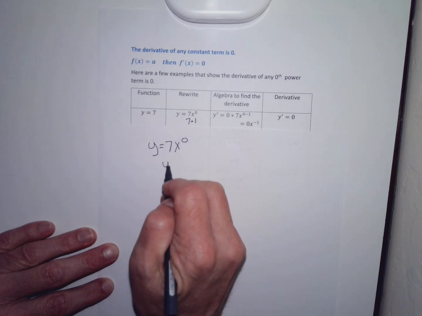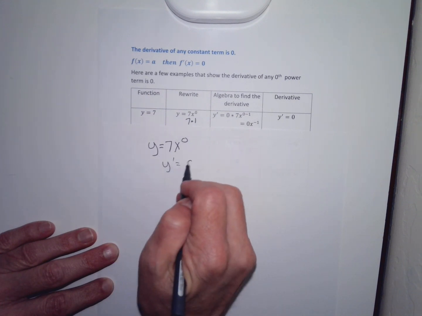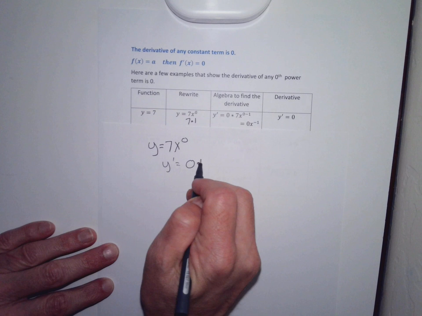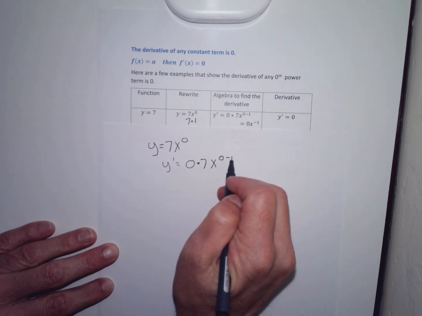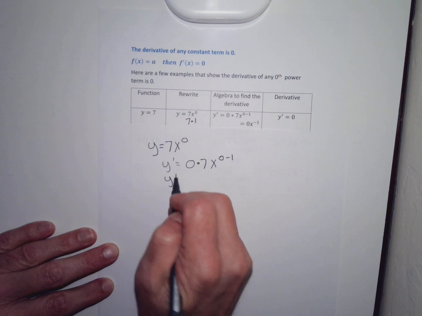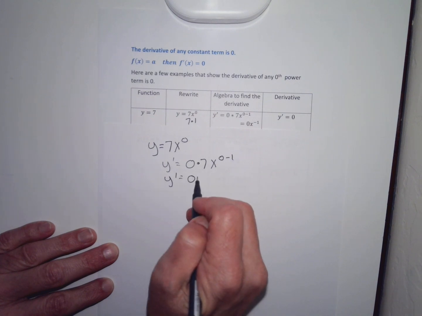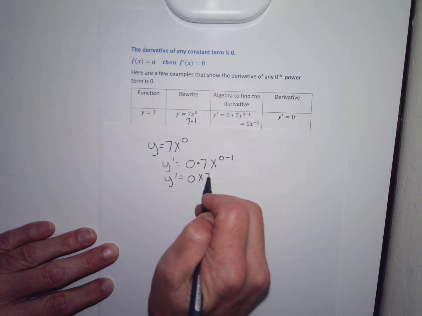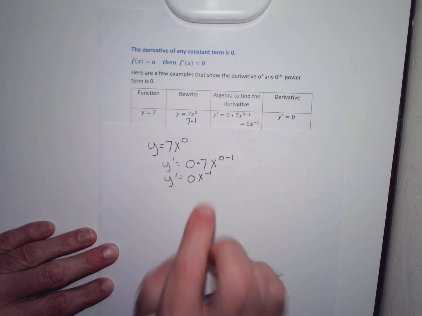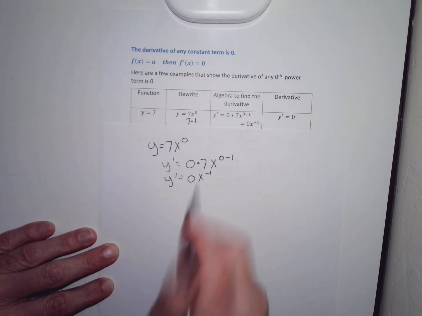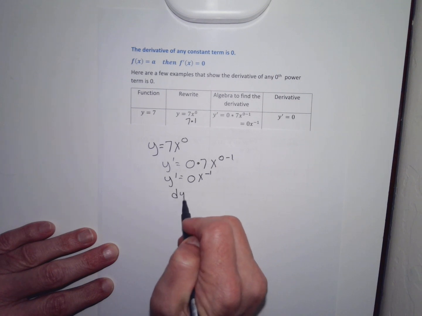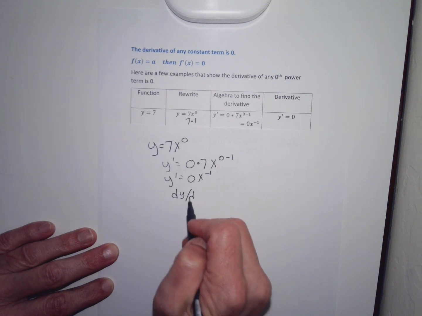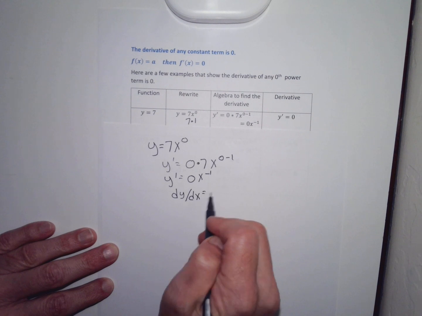And now I can take the derivative by multiplying the exponent 0 times the coefficient 7, and then I can lower the exponent by 1. This is going to give me 0 times x to the negative 1 power, because 0 times 7 is 0. And then 0 times x to the negative 1 is still 0. So I can say the derivative, using the prime notation or using the dy dx notation, is 0.